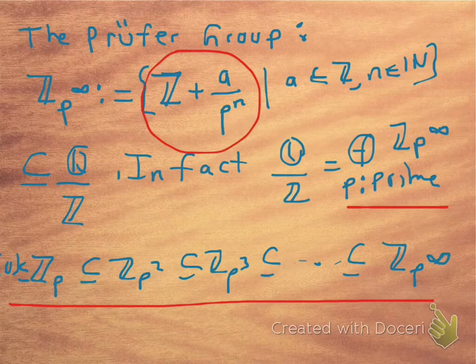Well, you may wonder why I use ZP, ZP square, ZP cube, which I reserve for integers modulo P, P square, P cube, because it's exactly their copies that I'm talking about. For example, ZP stands for any cyclic group of order P, ZP square any cyclic group of order P square, and so on. So copies of these are lined up in this fashion, forming a chain of submodules, and the only submodules, all submodules of ZP infinity.